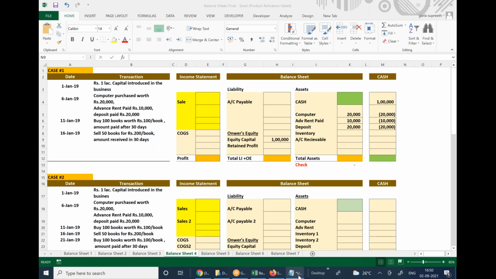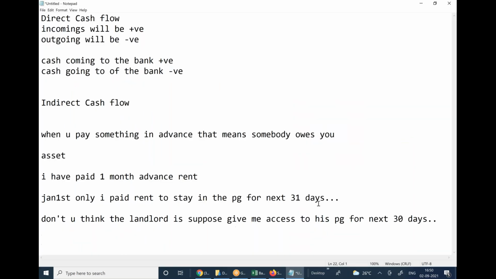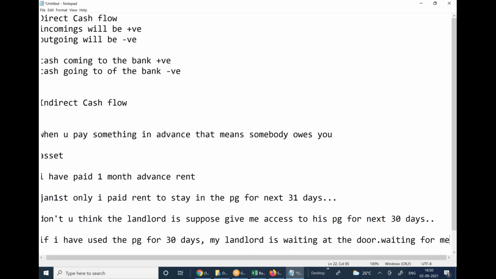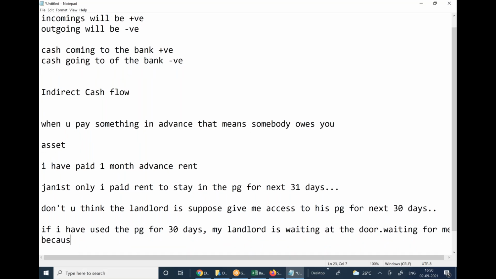If I have used the PG for 30 days, my landlord is waiting at the door for me. Why? Because I am liable to pay the rent for the 30 days used.